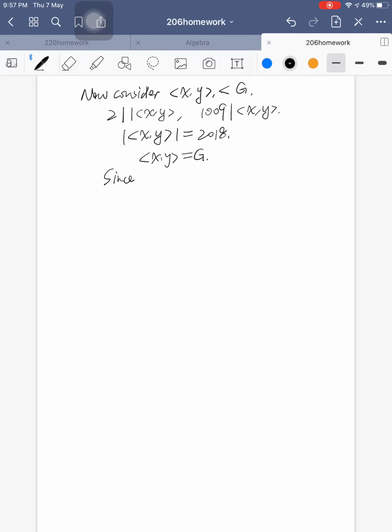And since the subgroup generated by X is normal, we know that Y X Y inverse equals X to the power I for some I greater than or equal to 1 and less than 1009.